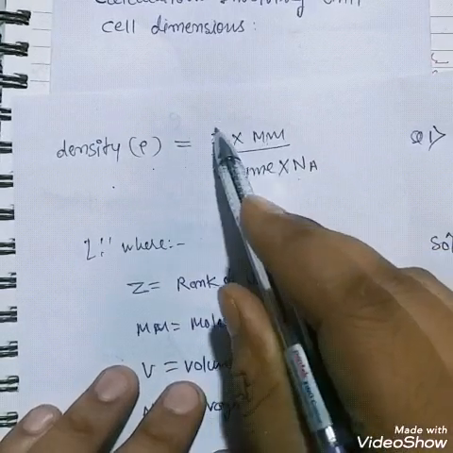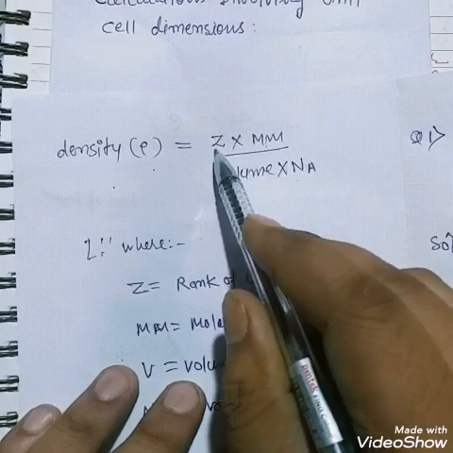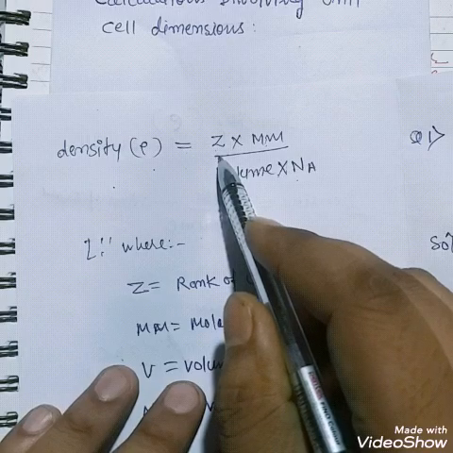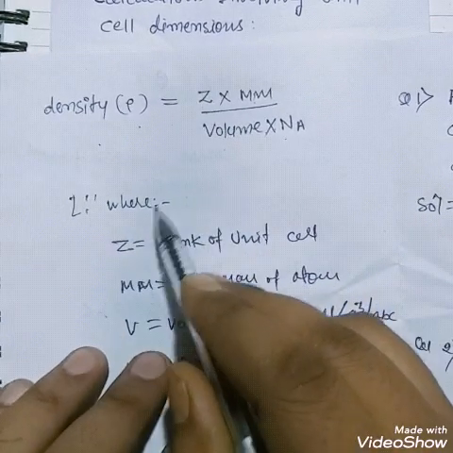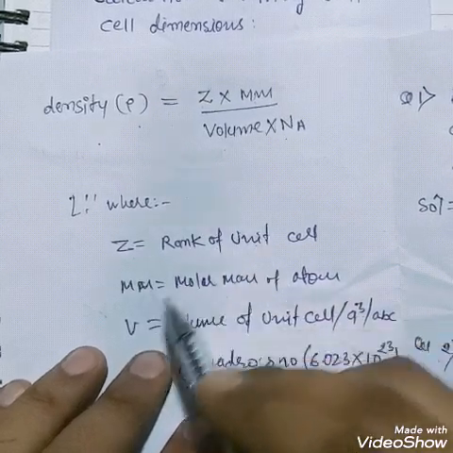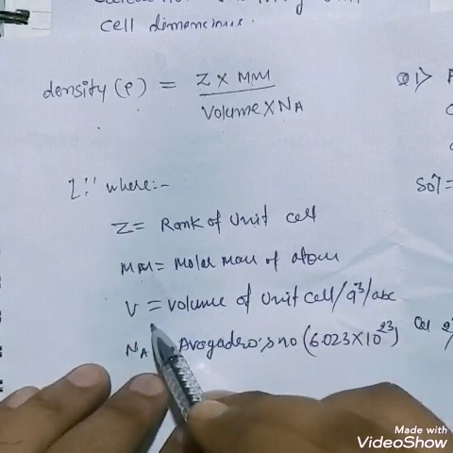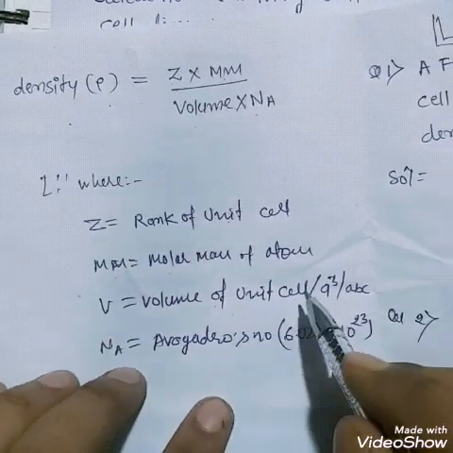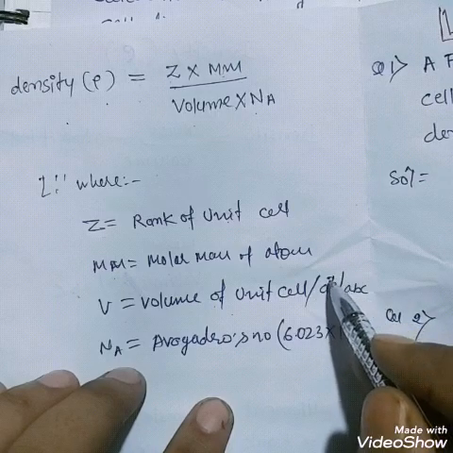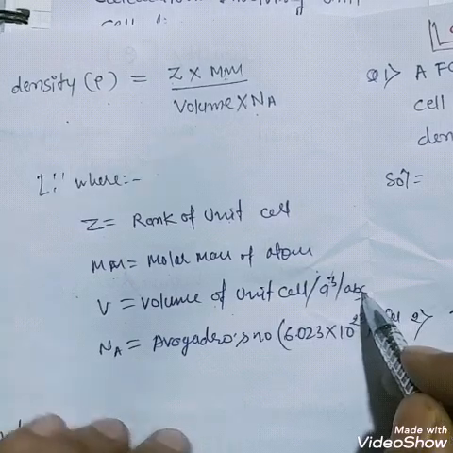Different kinds of unit cells have different values: SCC 1, BCC 2, FCC 4. Z is the rank of the unit cell, M is the molar mass of the atom, and V is the volume of the unit cell, which is represented as a cubed, or when the edges are different, as a, b, c.